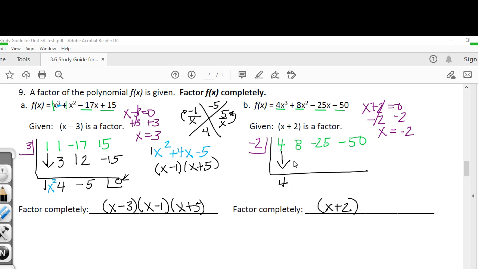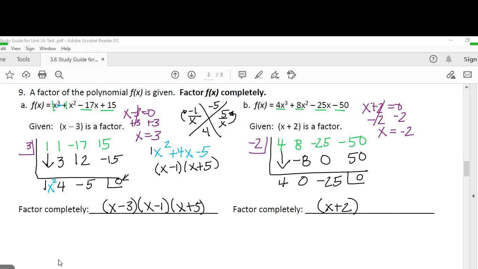So negative 2 times 4 is negative 8. 8 plus negative 8 is 0. Negative 2 times 0 is 0. Negative 25 plus 0 is negative 25. Negative 2 times negative 25 is a positive 50. Negative 50 plus 50 is 0, which I have to have because they told me this x plus 2 is a factor.